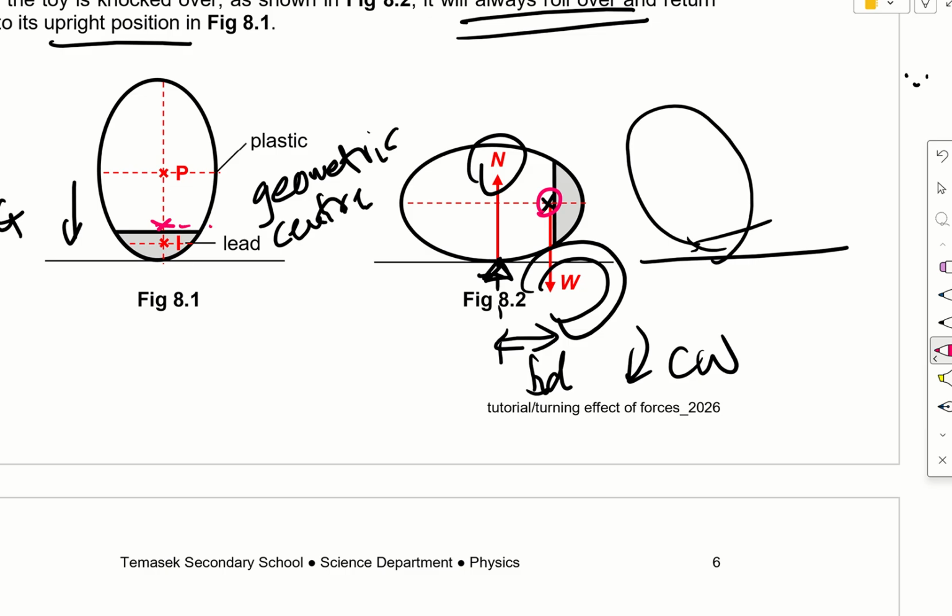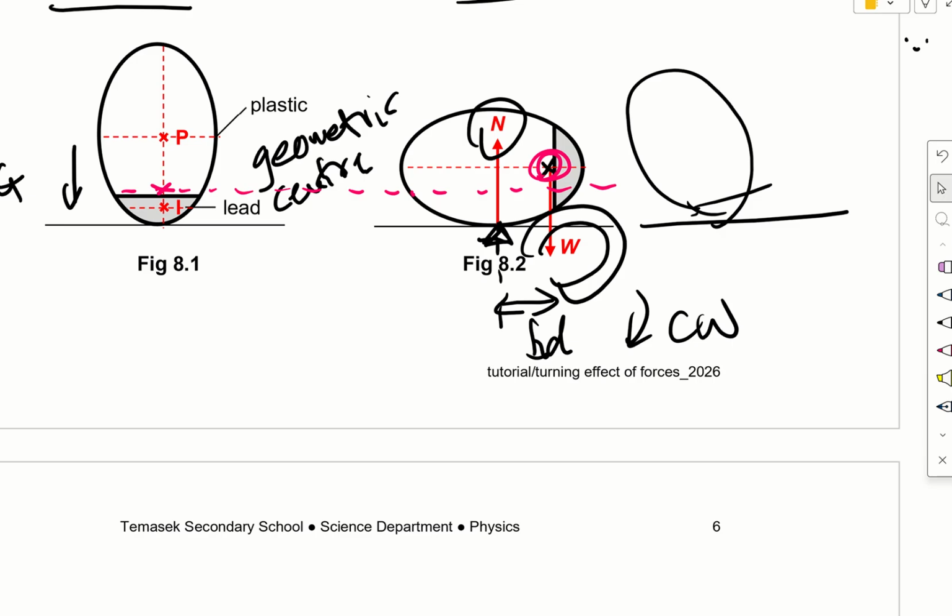So at this position, the CG obviously is lower than the position of the CG in 8.2 because it has been displaced, right? Therefore, when I displace it, the CG goes higher.